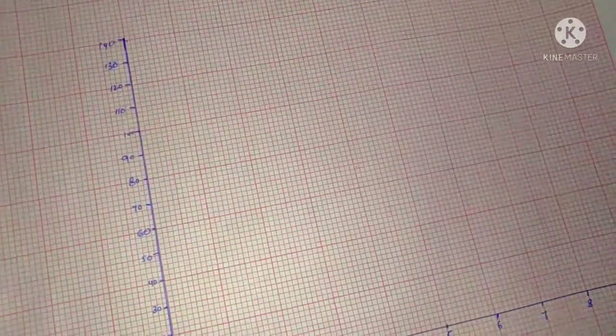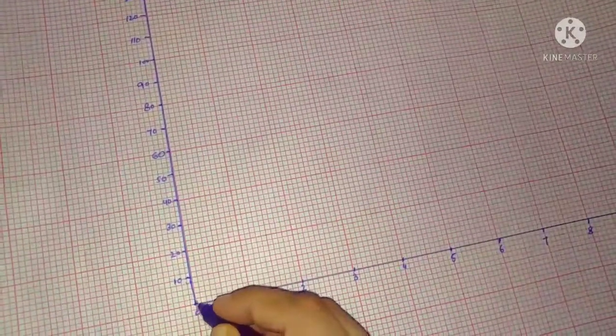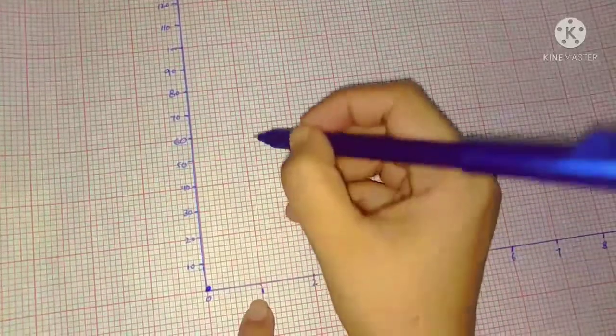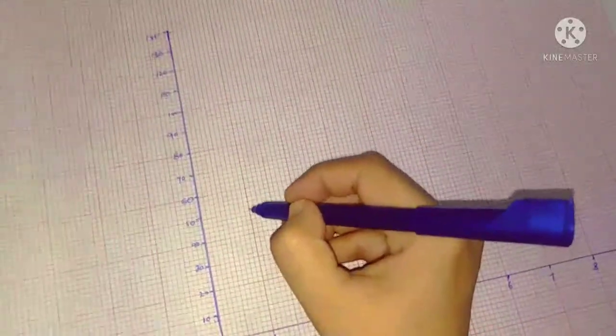Students, now let's plot the points. On 0 it's 0, so draw this point over here. On 1 it's 56. From 1, go till 50, this is 50, and between 50 and 60 there are 5 boxes, so one box represents 2 numbers.